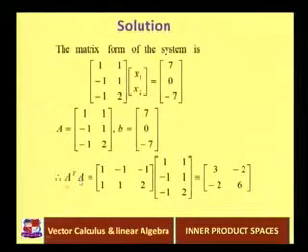Now we want to find A transpose A. Students can easily find A transpose, which is the interchange of rows and columns of matrix A: 1, minus 1, minus 1 and 1, 1, 2.